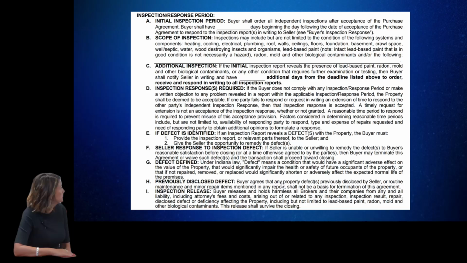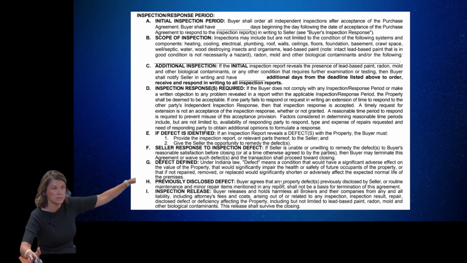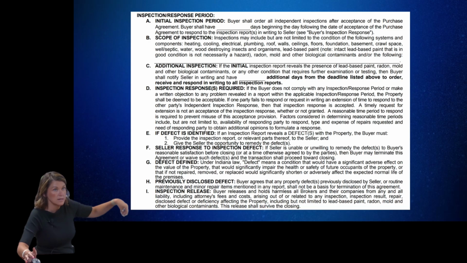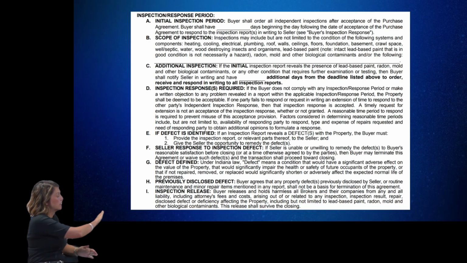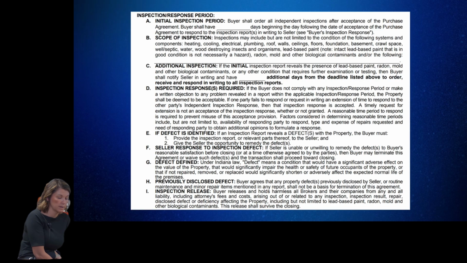And then the next thing that we talk about is the rest of the information. So we have said that we're reserving rights for inspections. So now we're going to talk about an inspection response period. Again, we're going to talk a little bit about filling this in. It depends on how aggressive I'm being in my contracts, or how aggressive I want my buyers to be in order to get a deal put together.